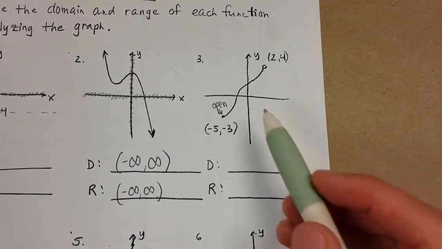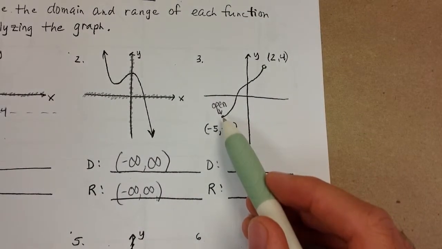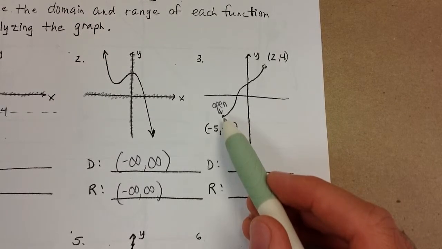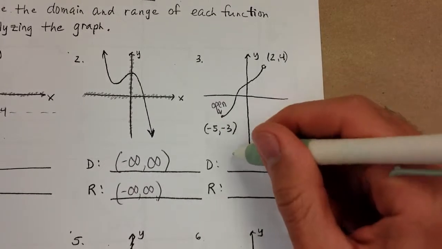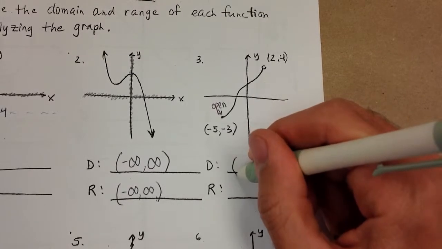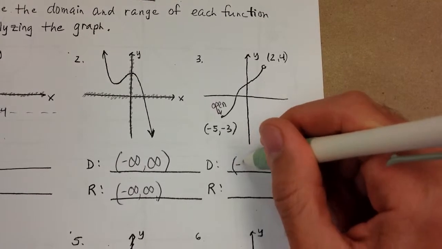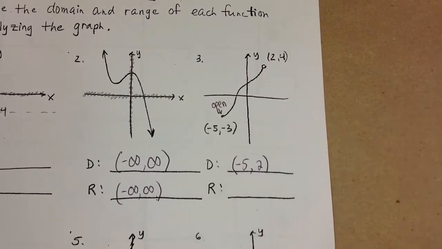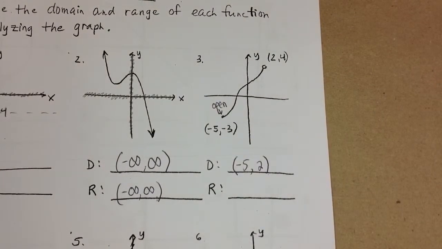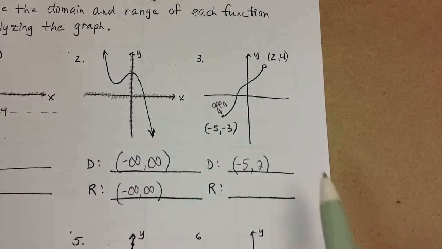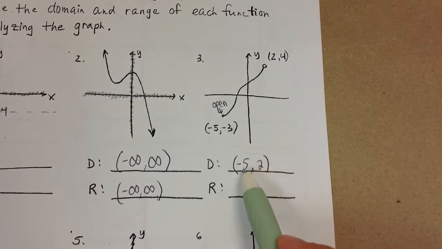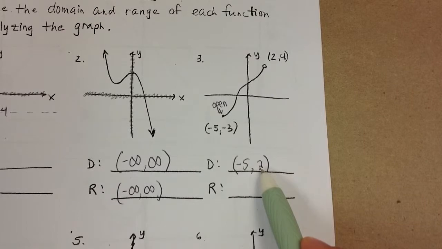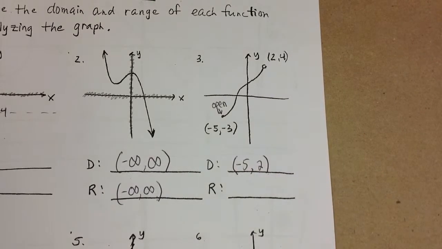If we are assuming that this is open, then it would be parenthesis. If it is closed, then it will be bracket. So parenthesis -5, comma 2 parenthesis. In other words, this function is defined for x values between -5 and 2, exclusive on both ends. We're assuming, at least for one end.